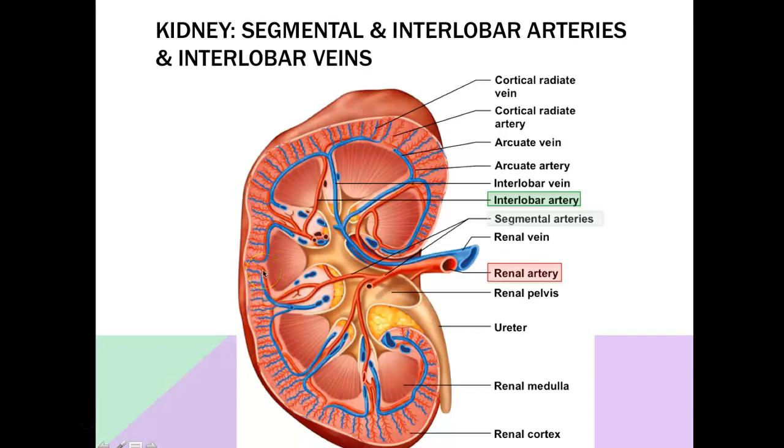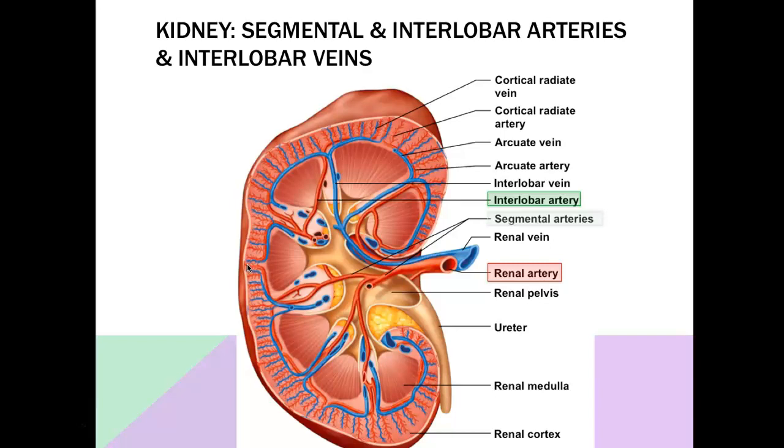Those arcuate arteries will then turn into cortical, there's my mouse, cortical radiate arteries that will be in the region of the cortex. At this point, it will then branch into an afferent arteriole that will give blood over into our glomerulus, and at this point, filtration is going to start taking place.